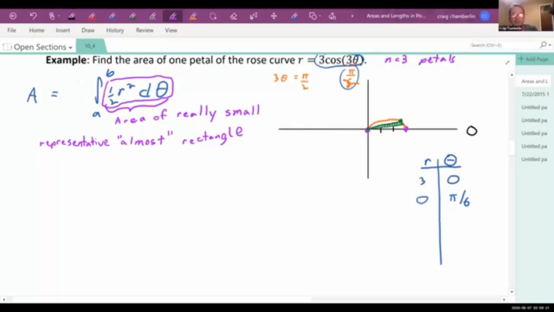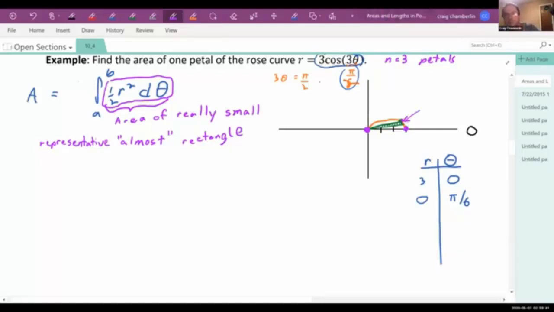So that's what that represents, and it tells you that you've got to go all the way from the pole to r. And what function r in terms of theta gives you that curve in orange?